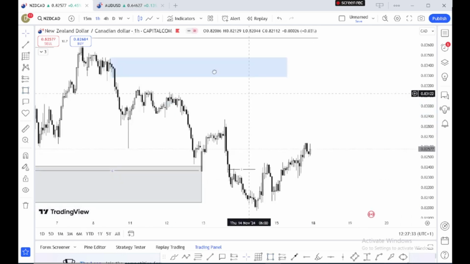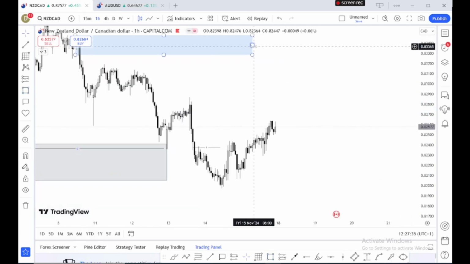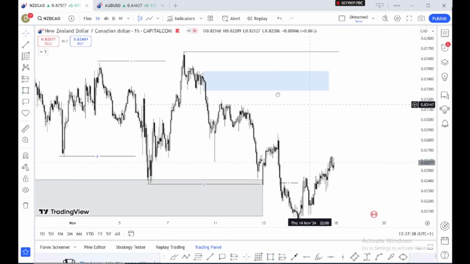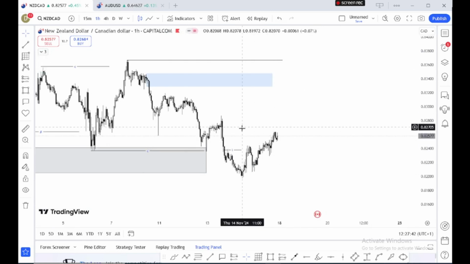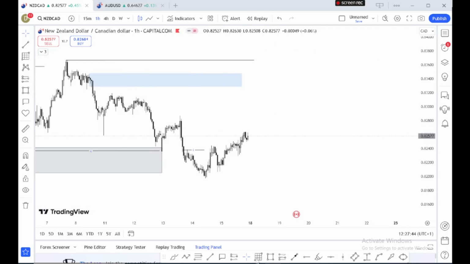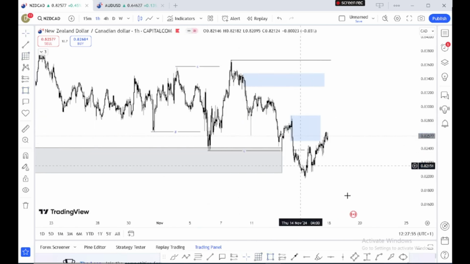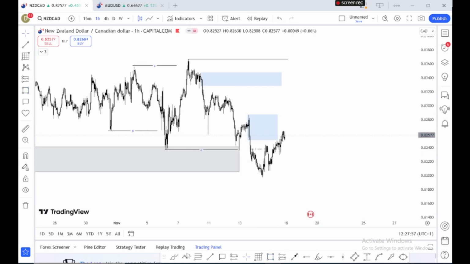So this is what I'll be expecting. But because we had a higher time frame mitigation, this level is also a supply zone for this trade. So if this level can hold, it can push the market down.